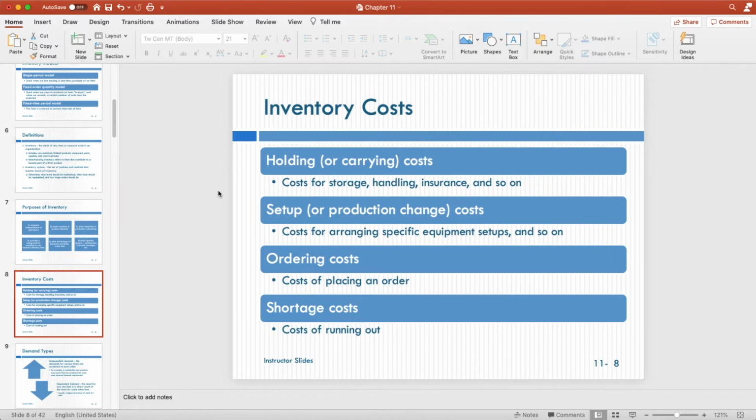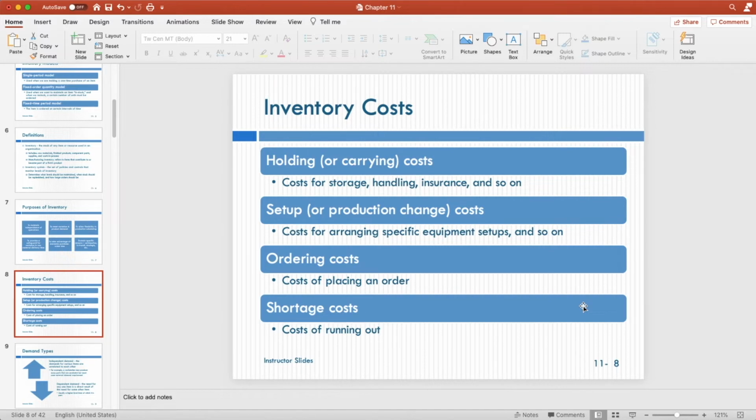The reason is that inventory will incur some costs. Here, I list 4 different common costs that are incurred within the inventory management procedure. Let me give you a brief explanation about it. First of all, the most common inventory cost is called holding cost. It's actually very intuitive. When you produce some more final products, before you can sell to the market, you have to store that inventory.